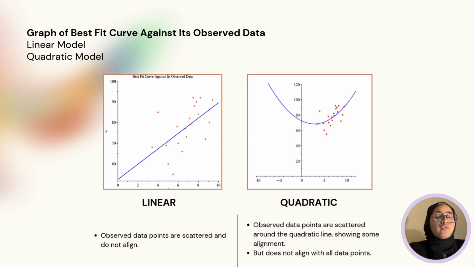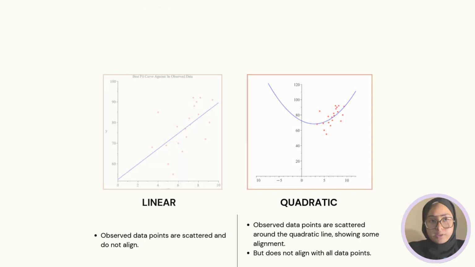For quadratic, the result is also the same as the linear model, but there are a few points that are near, that actually show some alignment, but still does not align with all data points. So most probably there are other factors that affected the productivity levels, such as sleep hours or exercise, that influence productivity but are not included in the model.